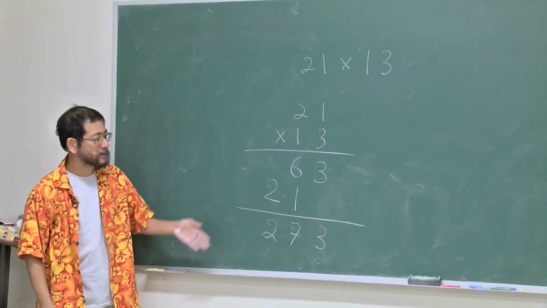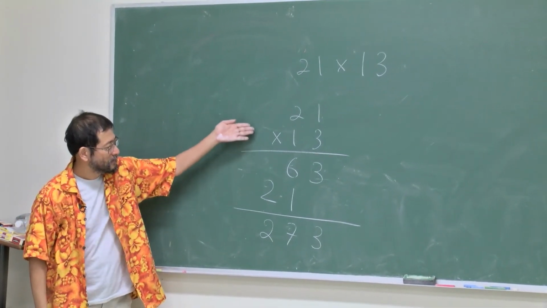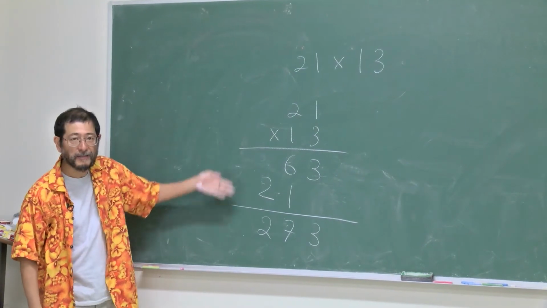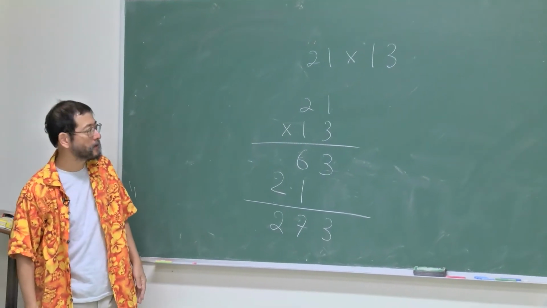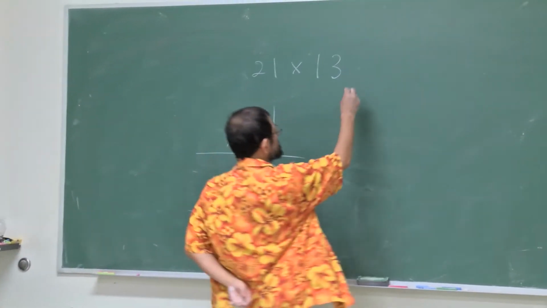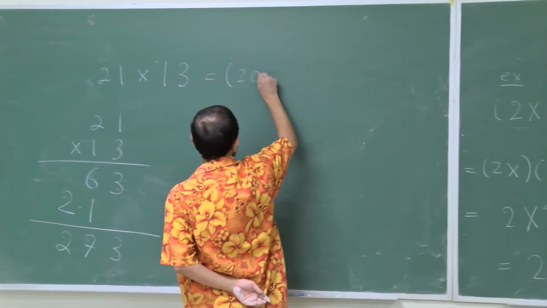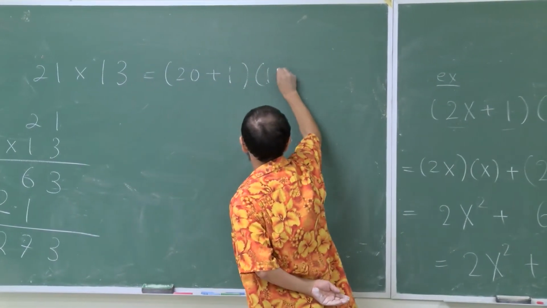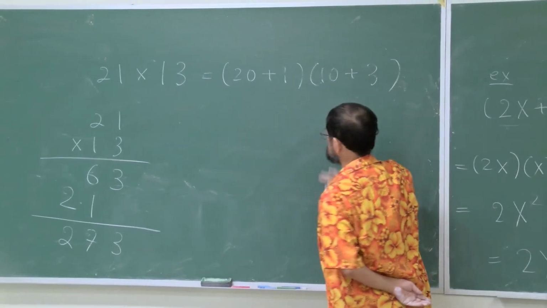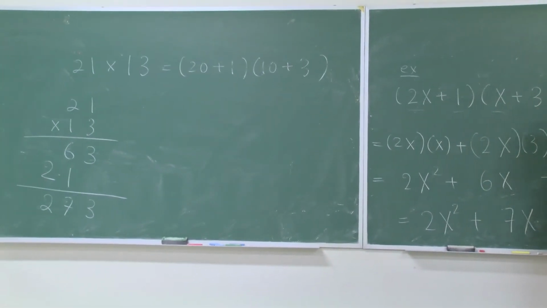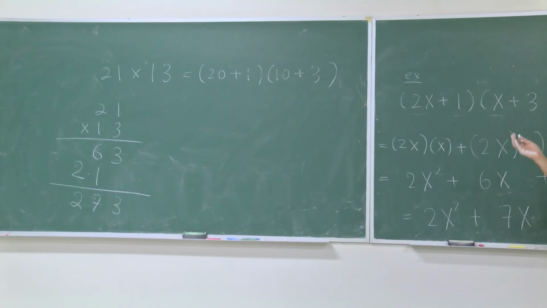So this is probably something you have seen in elementary school. And in fact, there's FOIL under this method, because if you look at this, you just split each of 21 and 13 like this, and then use FOIL.